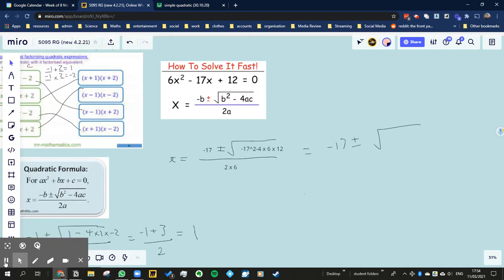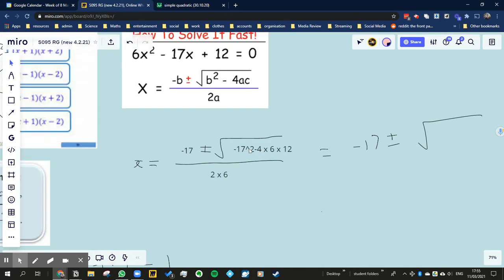There is a mistake here. See if you can spot it. There is a mistake in your working out so far. I would say at this point that it's not clear whether you're doing negative 17 squared or all of negative 17 squared.